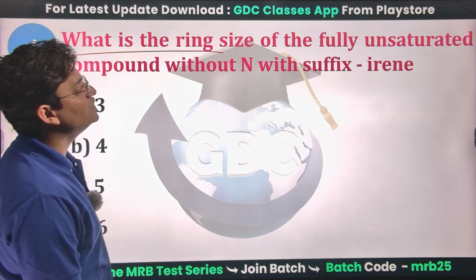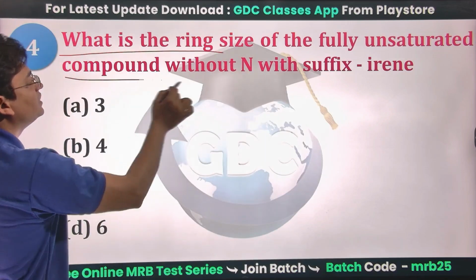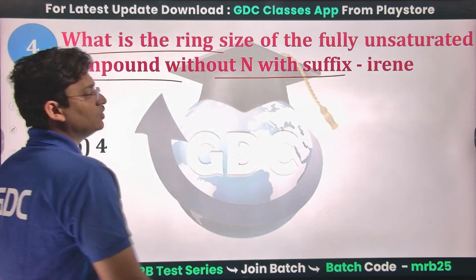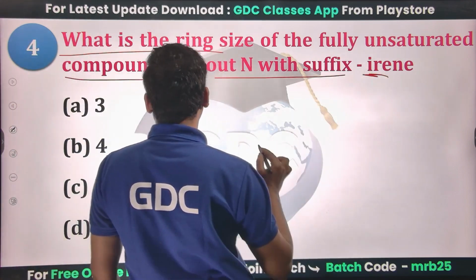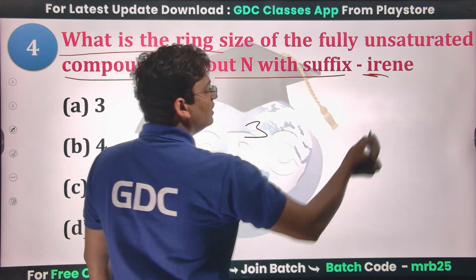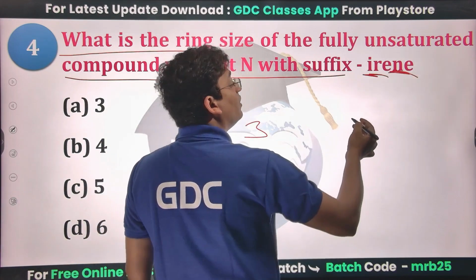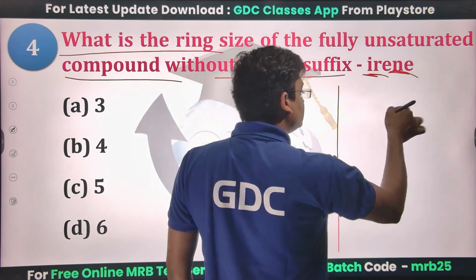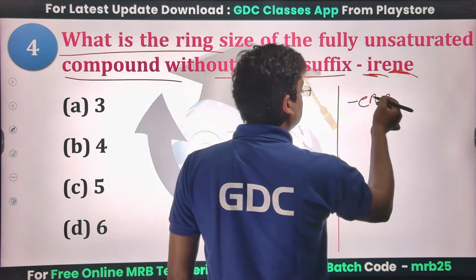What is the ring size of the fully unsaturated compound without nitrogen with the suffix irene? So IR basically represents the 3-member ring, correct? ENE represents unsaturation. So for an unsaturated ring, you will be having ENE for 3-member ring.